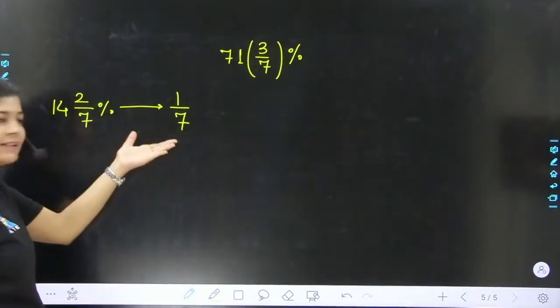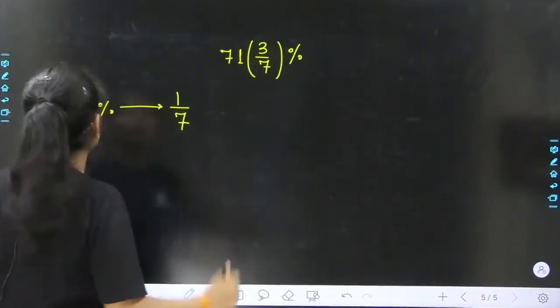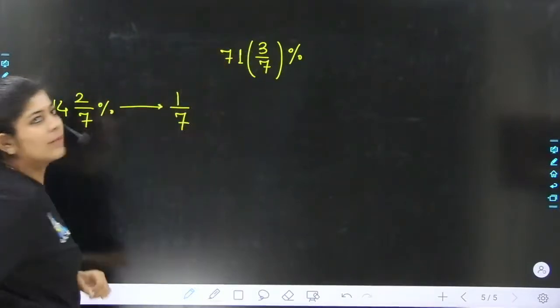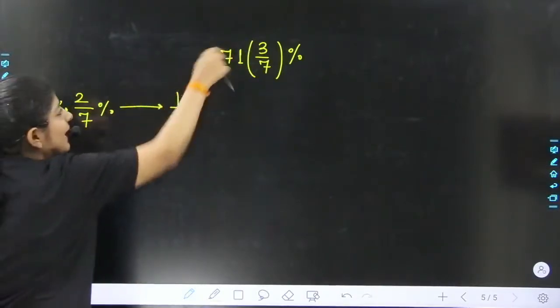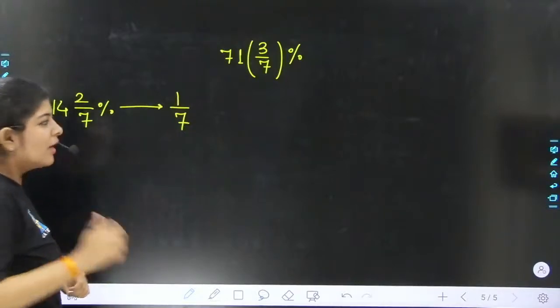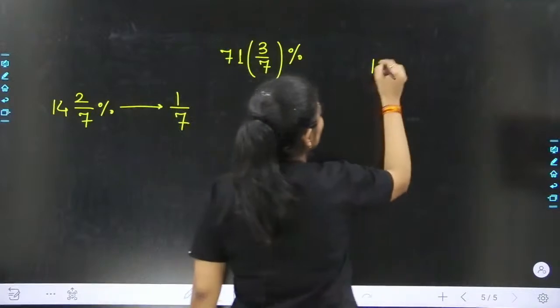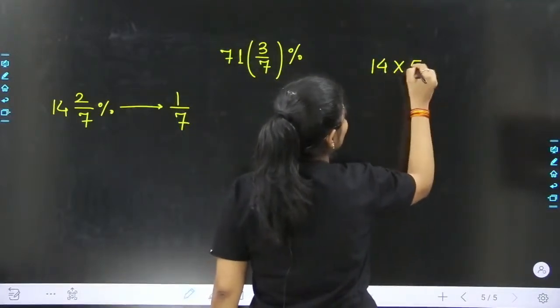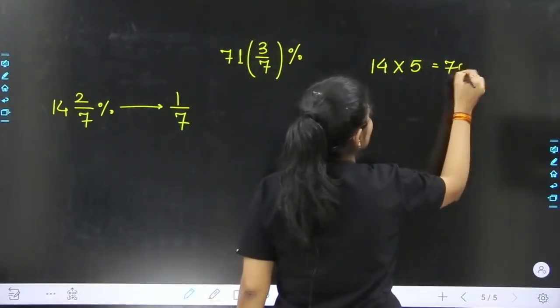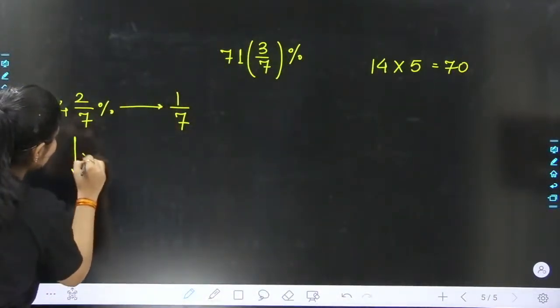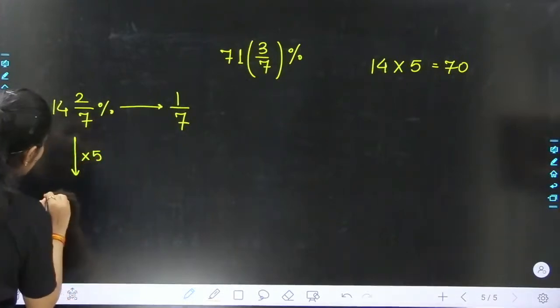We already learned this, right? Now we have to convert this 14 into 71. This is not a direct multiple of 14, so we calculate the nearest multiple. We all know when we multiply 14 by 5, we will get 70.